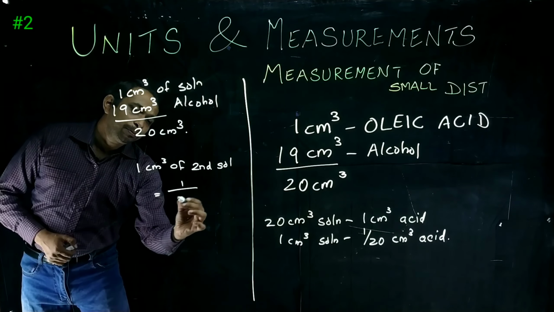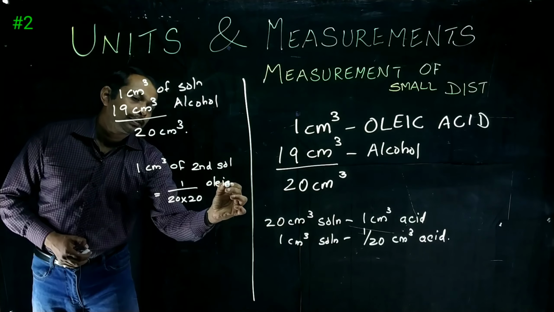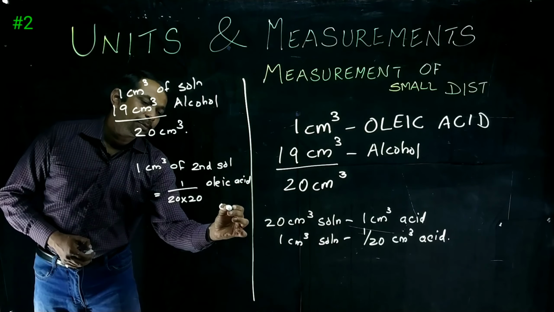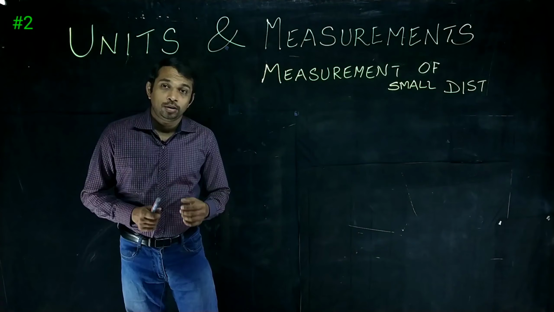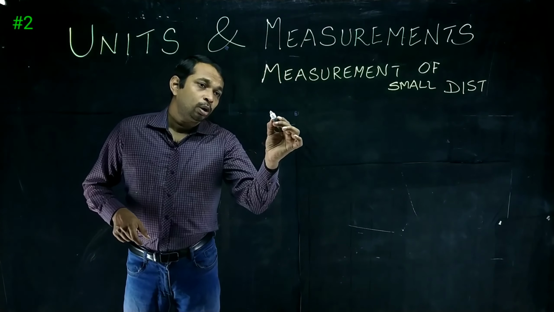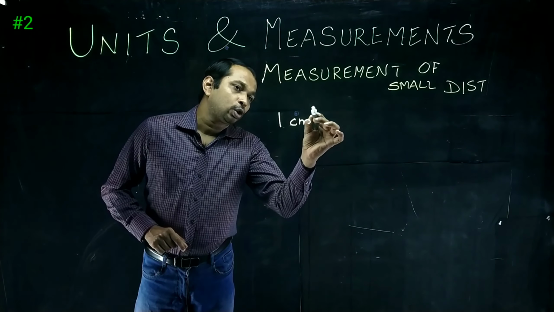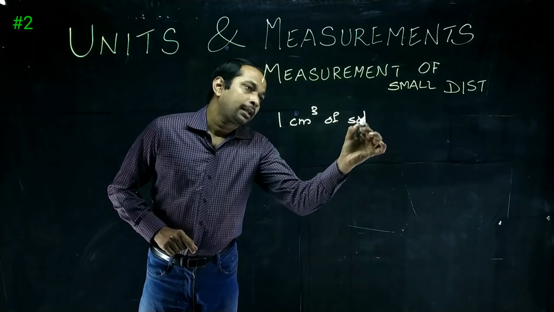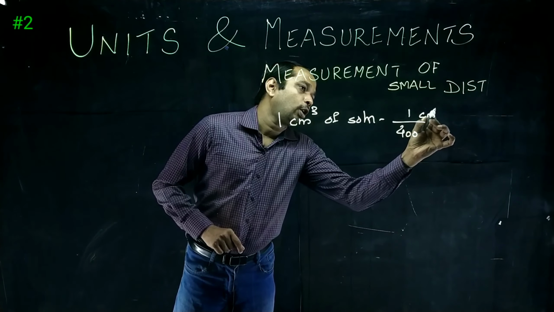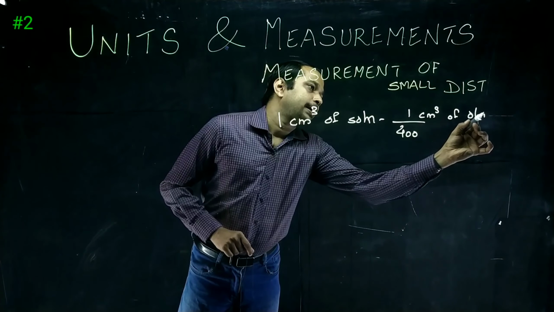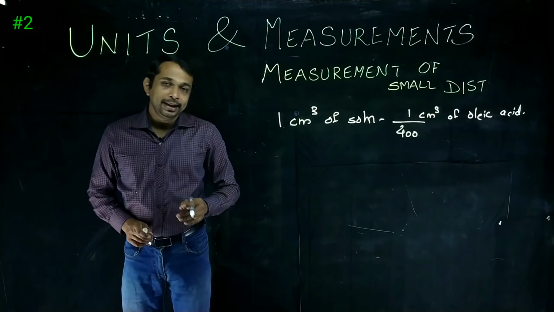We will have 1 by 20 into 20 of oleic acid, right? This much centimeter cube. Is this much clear? Now what do we have? We have a solution in which 1 centimeter cube of solution contains 1 by 400 centimeter cube of oleic acid, right? Let's keep it aside.